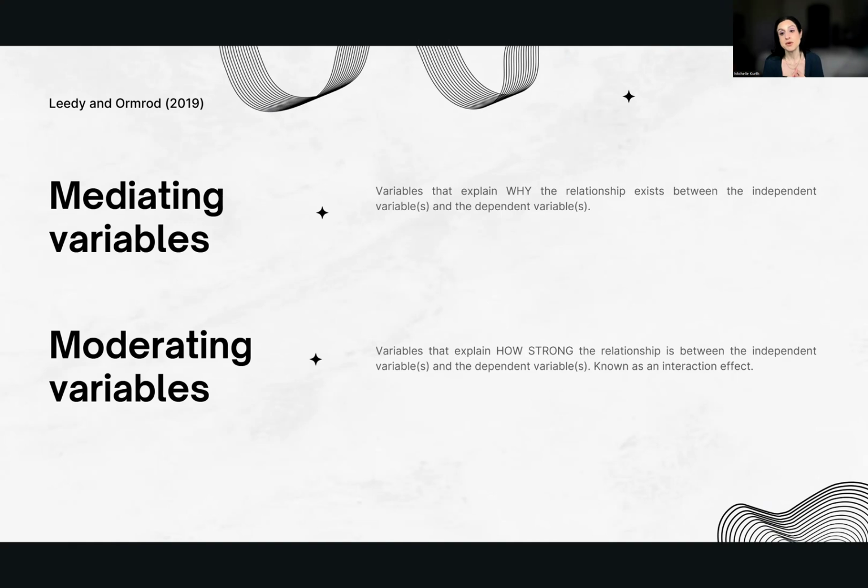So in my example on emotional labor, emotional intelligence and burnout, if I wanted to do what's called a moderation, I could change my research question. My research question could be, does emotional intelligence moderate the predictive relationship between emotional labor and burnout?